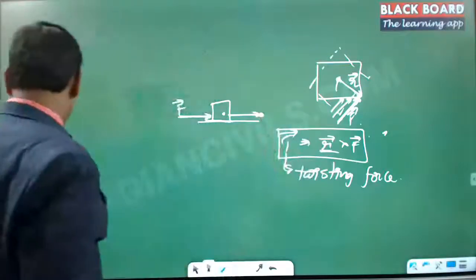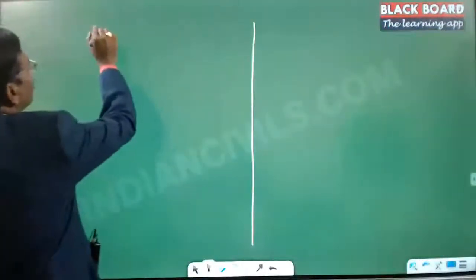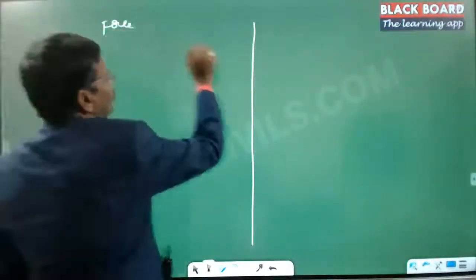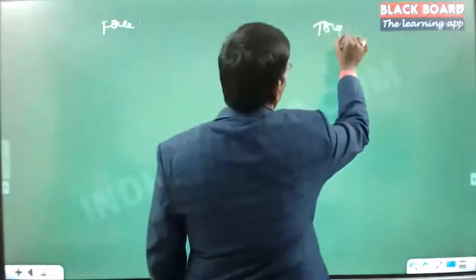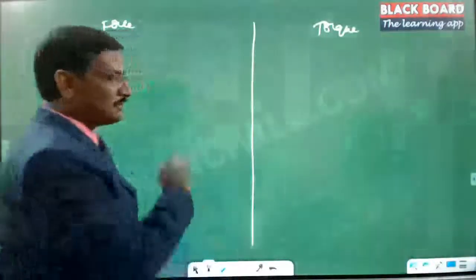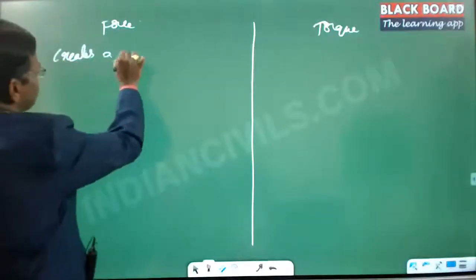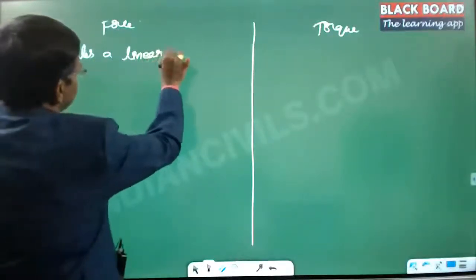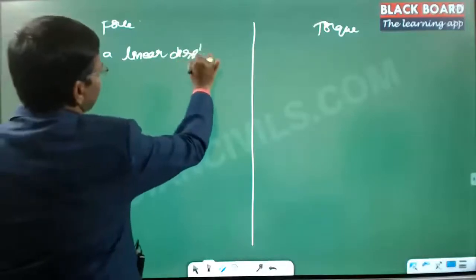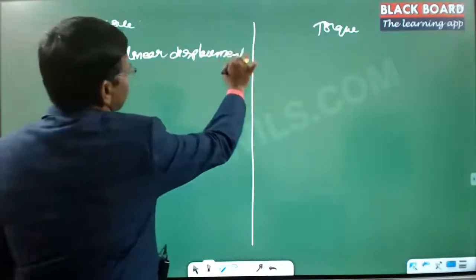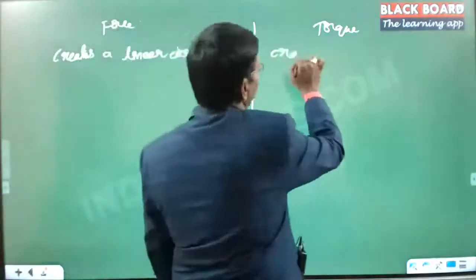That means whenever we want to analyze the mechanics of any particular body, we have one, the force, and here the torque, its equivalent. But the difference is that force creates a linear displacement and torque creates an angular displacement.